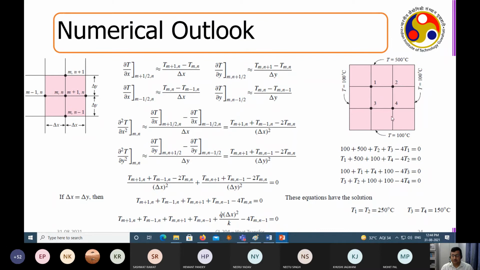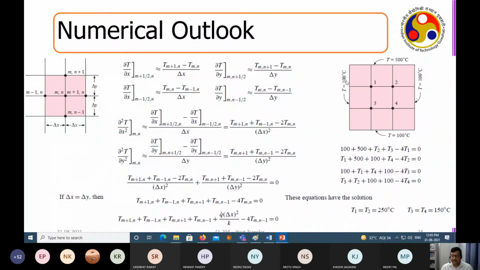And for 4, again you can see that T3 is at the left, T2 is at the top. Then you have 100 on this side and 100 on this side, minus 4T4. So essentially for these 4 points you have these 4 equations with all the boundary conditions satisfied.